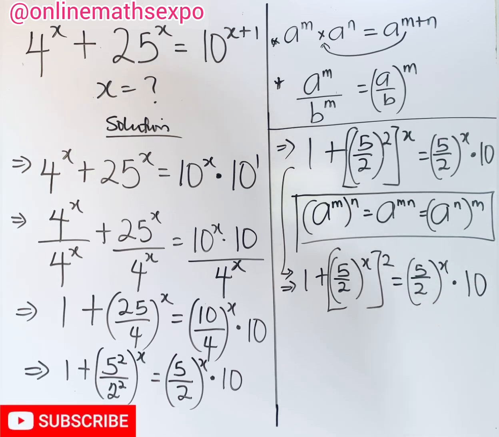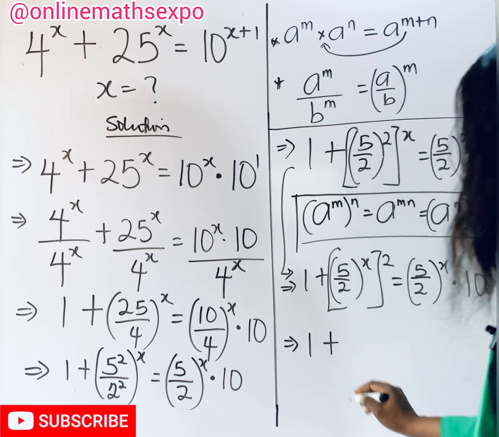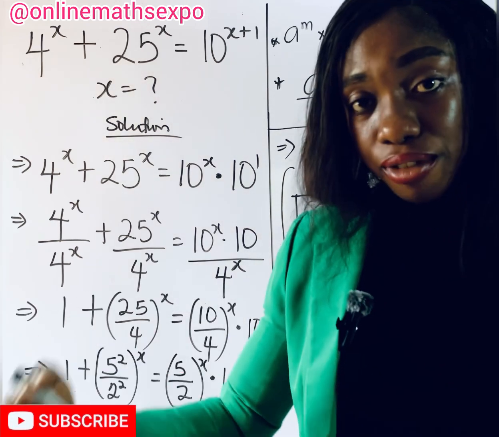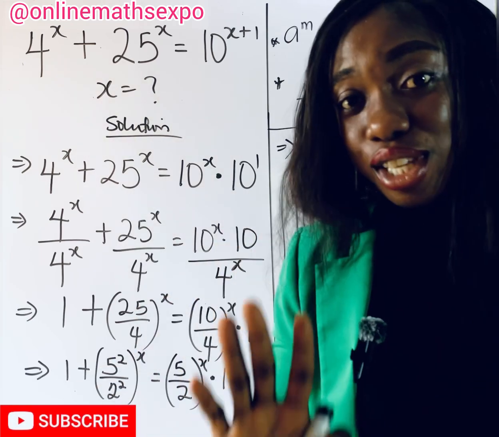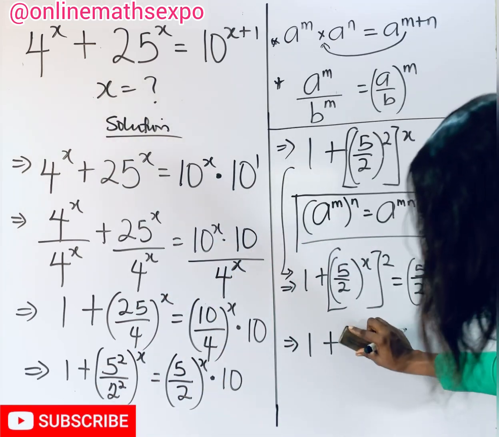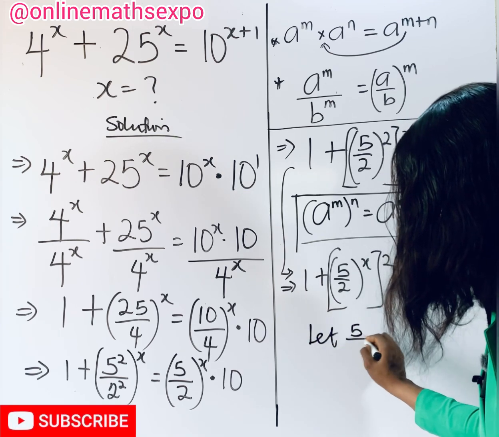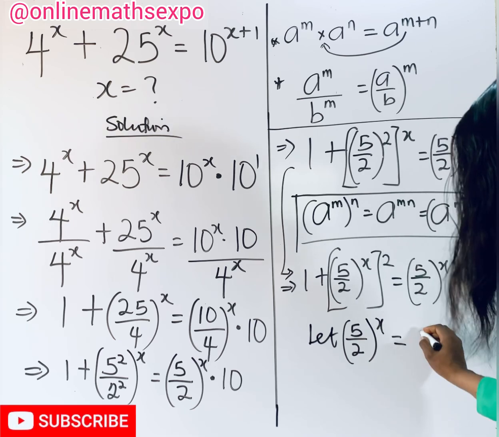Interesting. Now what do you do again? So this gives us 1 plus... having observed that these are now the same, you can choose to use a variable outside what you have here to represent it for easy solving. So we can just quickly say, let 5 divided by 2 raised to power of x be a variable y.